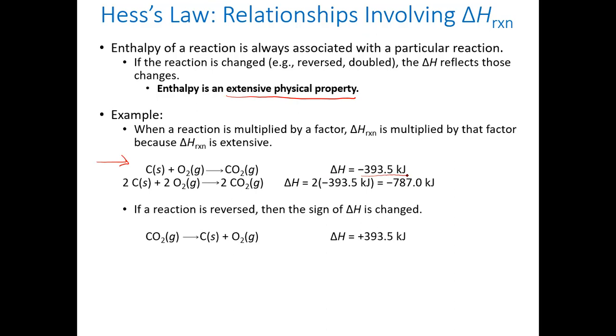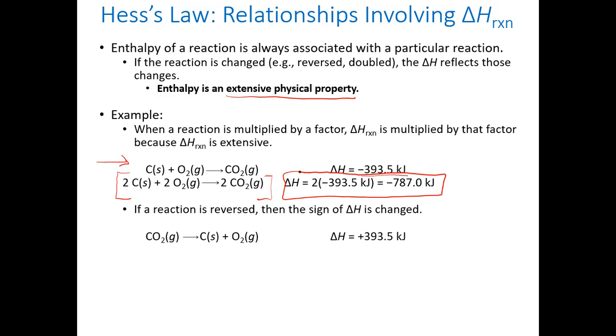Well, if I instead wanted the amount of heat given off per every 2 moles of reactants and products, I would multiply this equation through by 2. If I do that, then I also have to multiply my delta H by 2.